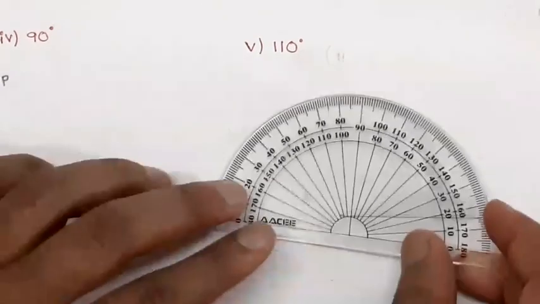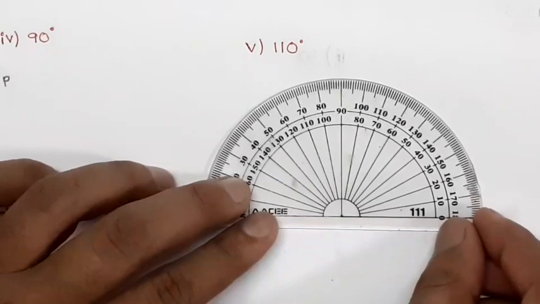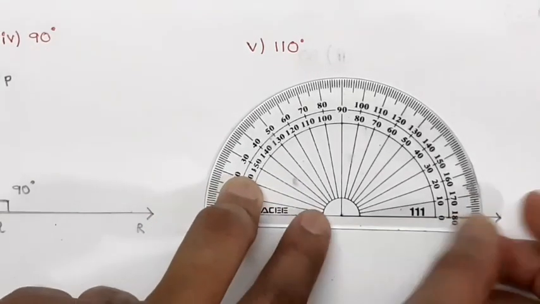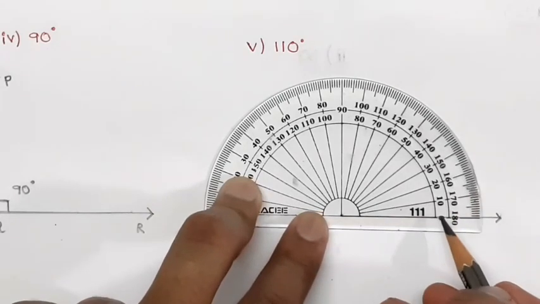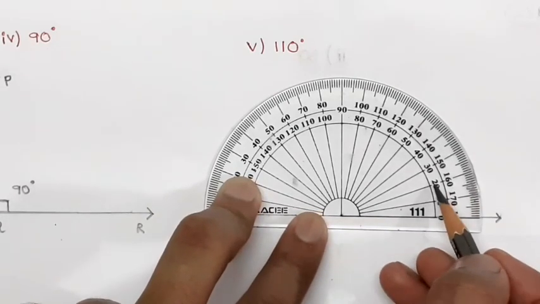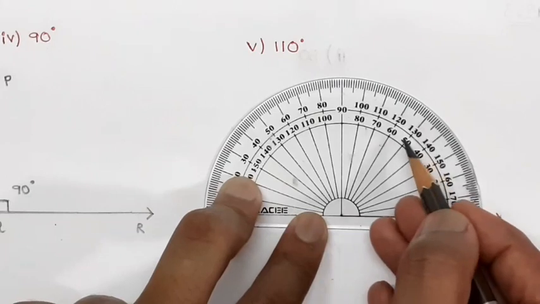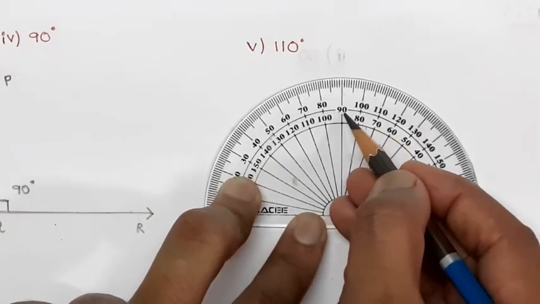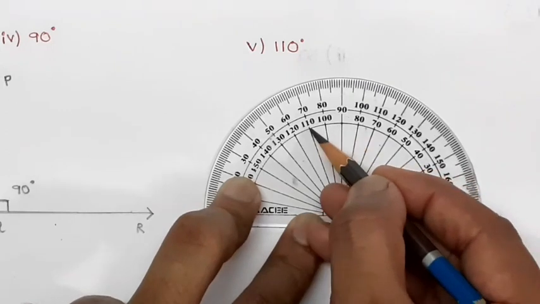Take the protractor so that the center of the baseline and the end point of the ray coincide with each other. Inner scale again. So 0, 10, 20, 30, 40, 50, 60, 70, 80, 90, 100 and 110.